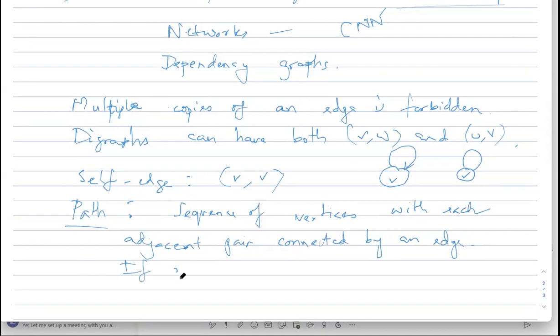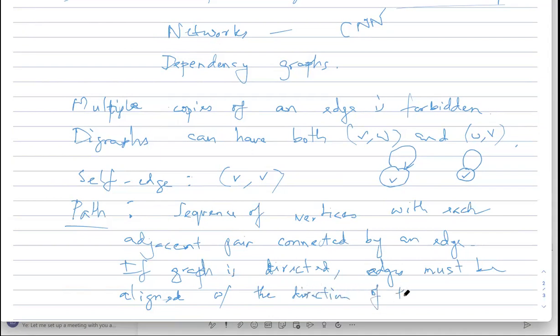If the graph is directed, then edges must be aligned with the direction of the path.